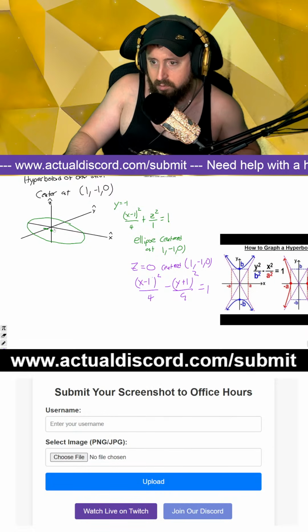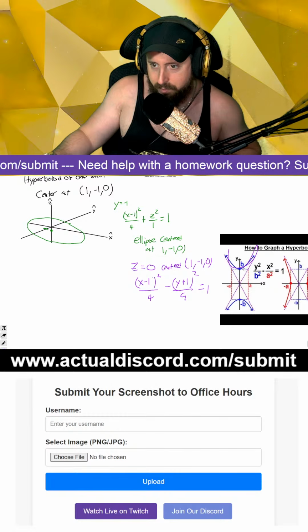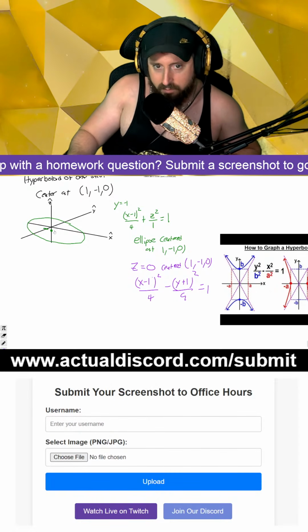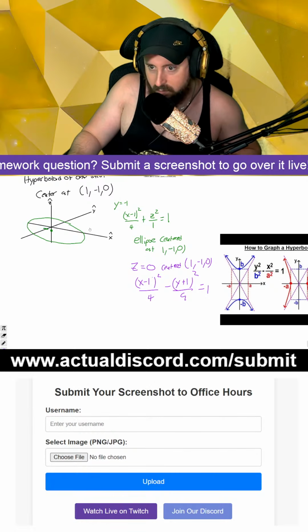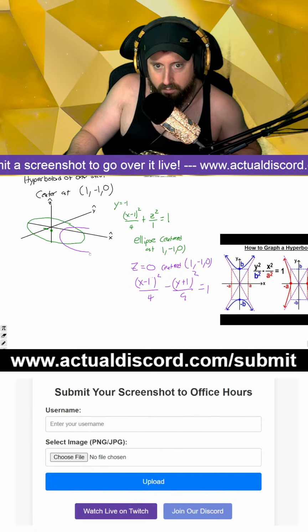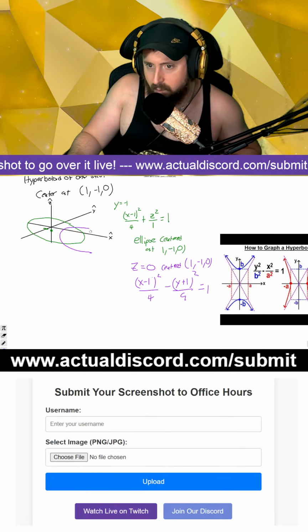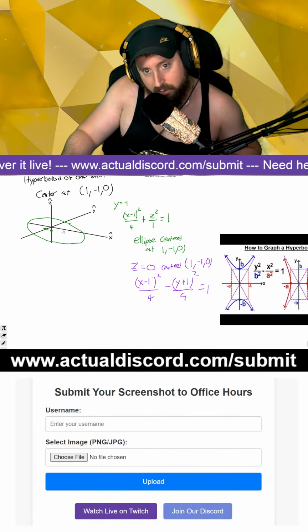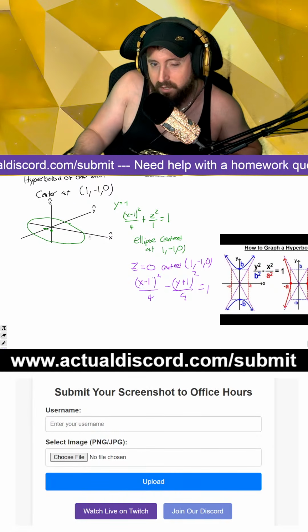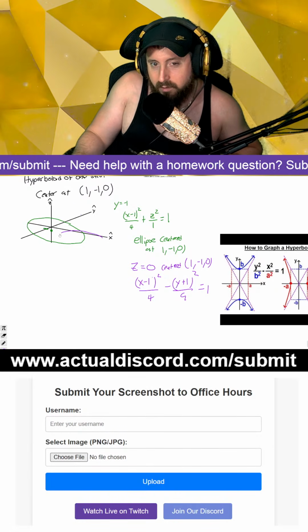And I need it to have this U shape happening along the x-axis. So that's going to look like this, I think. And that's in the xy plane, so we're looking down this way. I need it to kind of look like this.